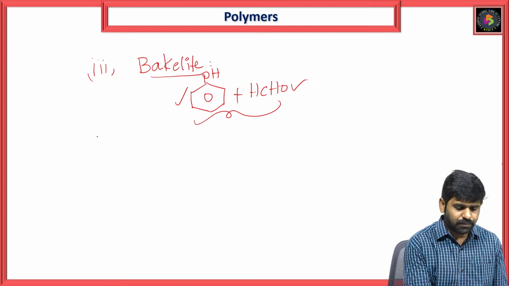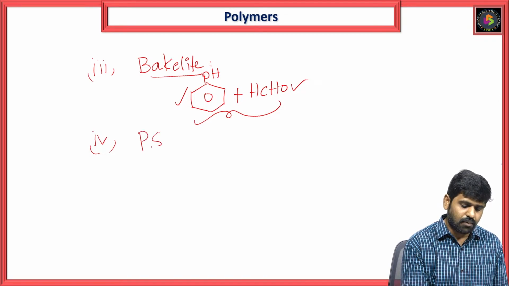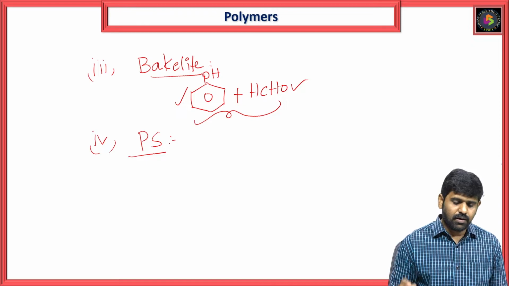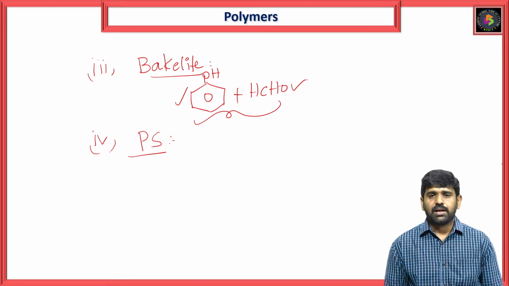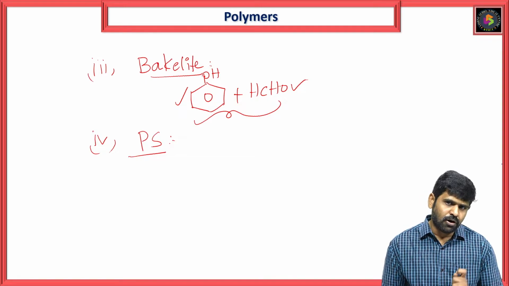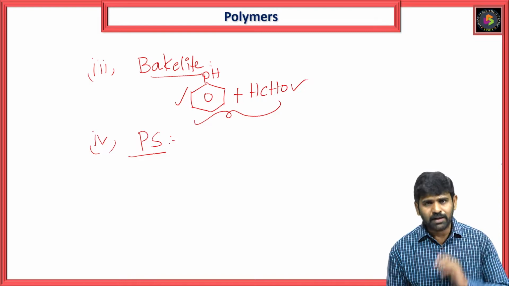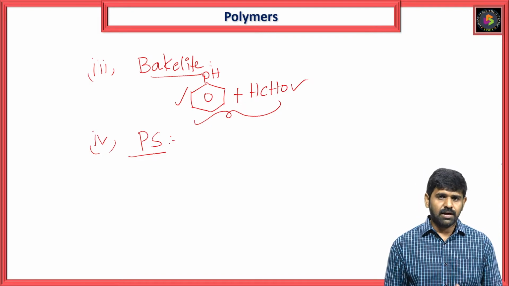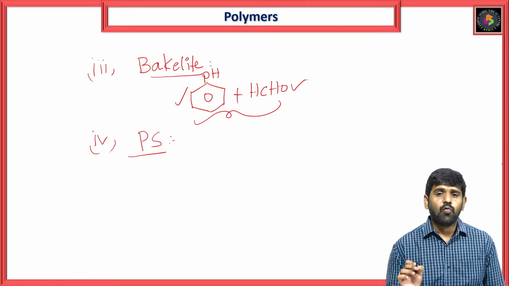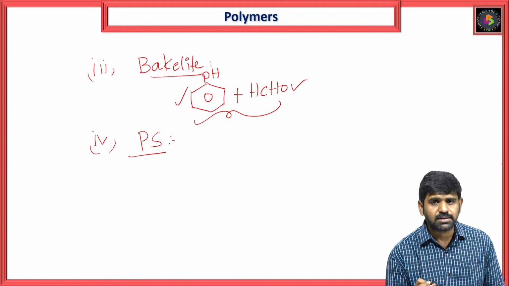Next, the last one, polystyrene. Polystyrene is formed by the polymerization of styrene. My question is, what is styrene? Styrene is nothing but vinyl benzene. Vinyl benzene is called styrene.